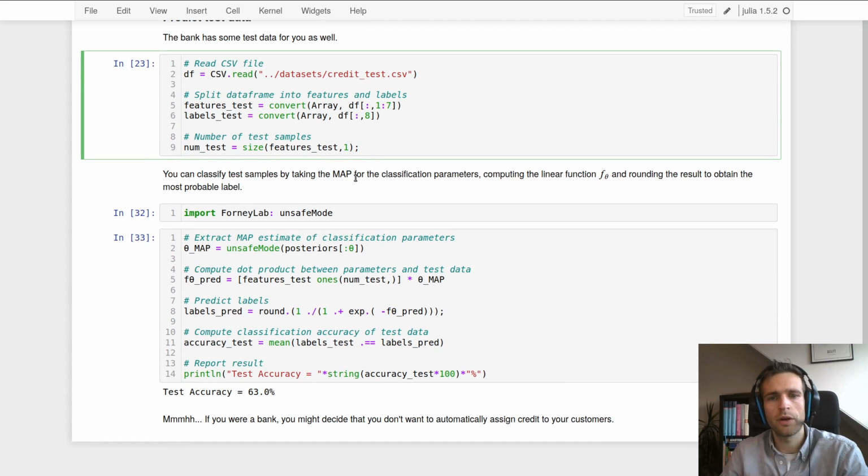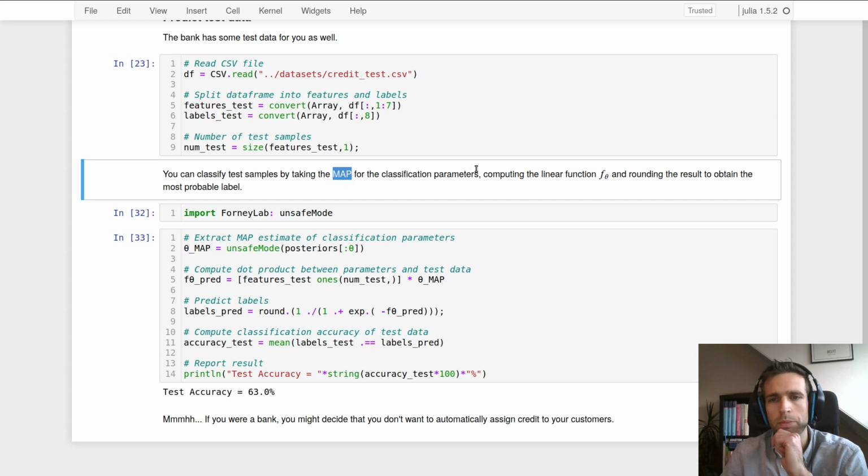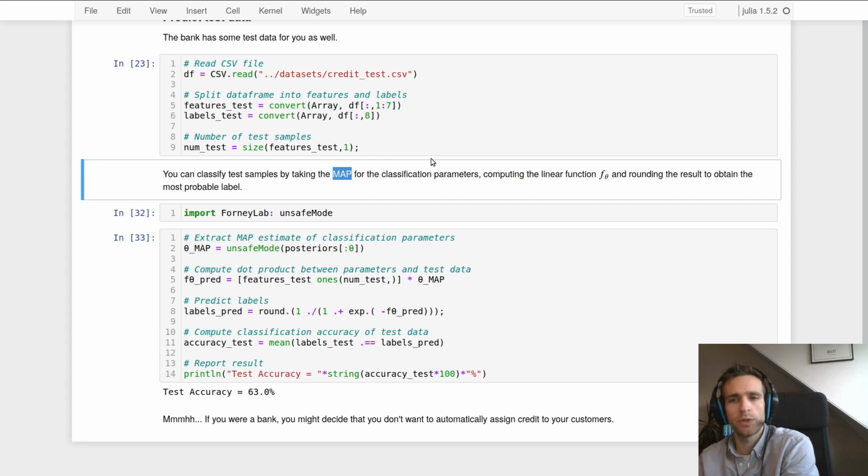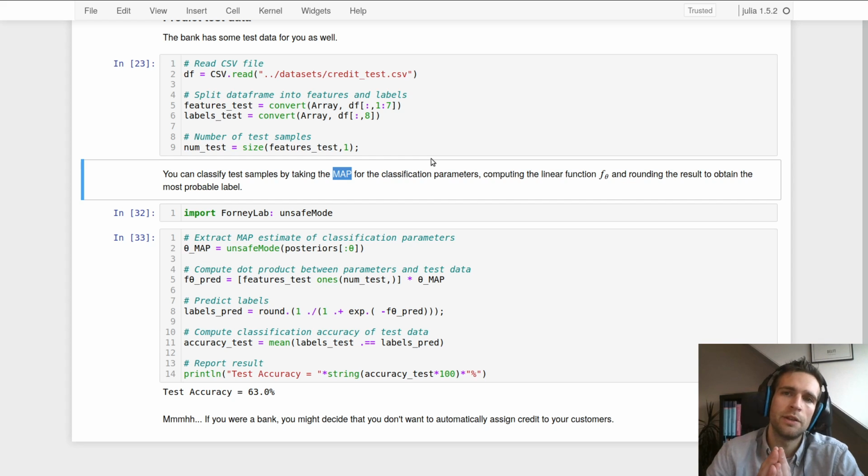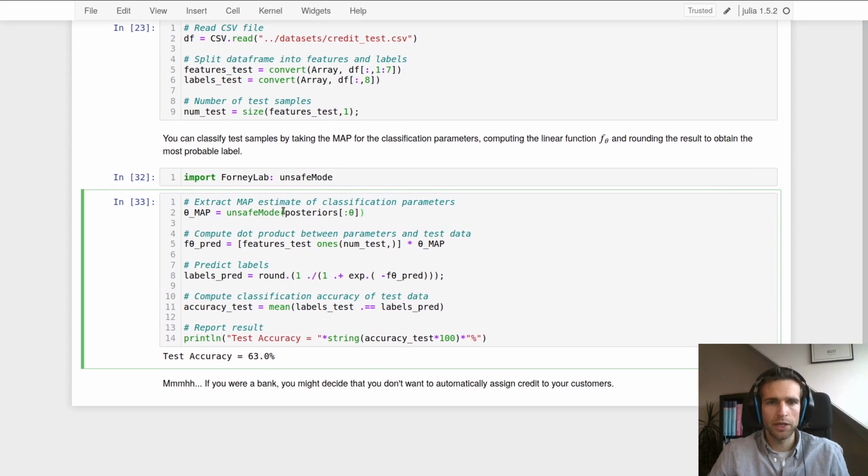And then for the moment, we are looking at the MAP estimate for the classification parameters. So we have a posterior for theta, then we take the mode of that posterior distribution, a point estimate. We use that to compute this linear function f of theta. Then we plug that linear function into a sigmoid transfer, and then we round the result to obtain the most probable label. So that's what we see here.